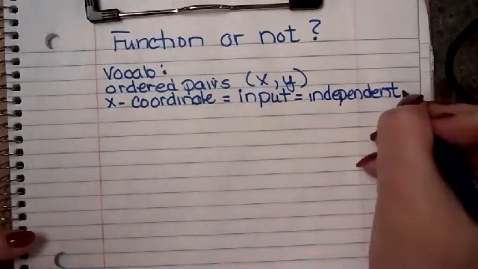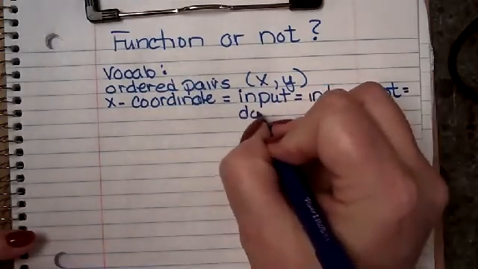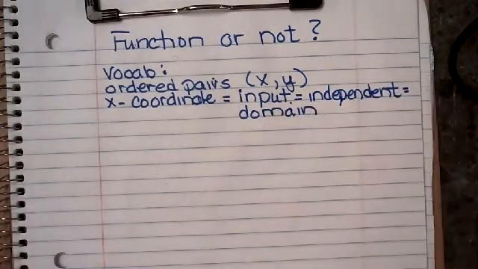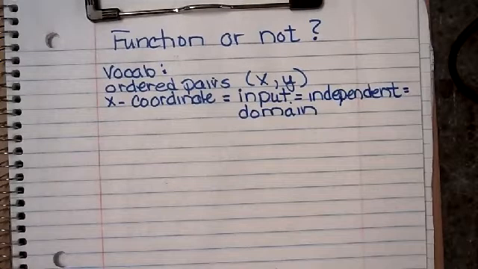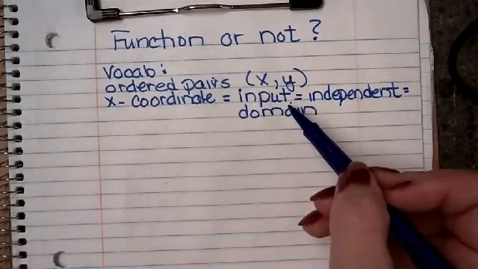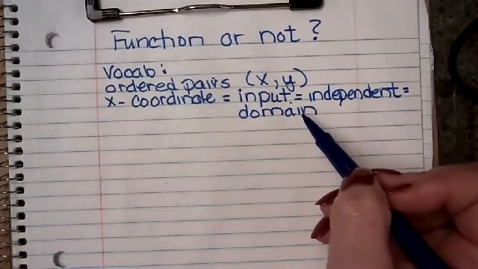Another word for it is domain. So when we are talking about ordered pairs and functions over the next few months, we're going to use these different vocabulary words at a time to refer to X coordinate: input, our independent variable, or our domain.